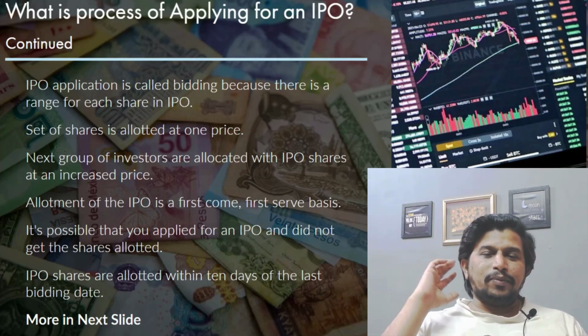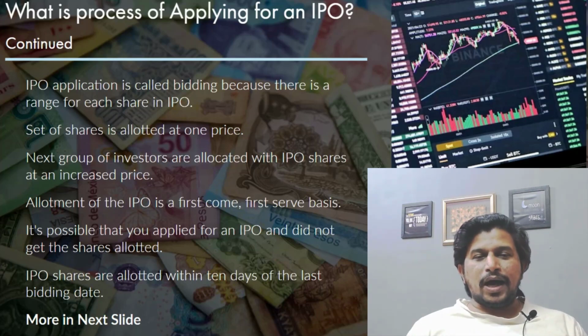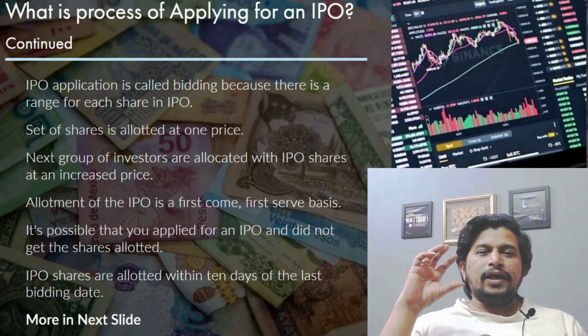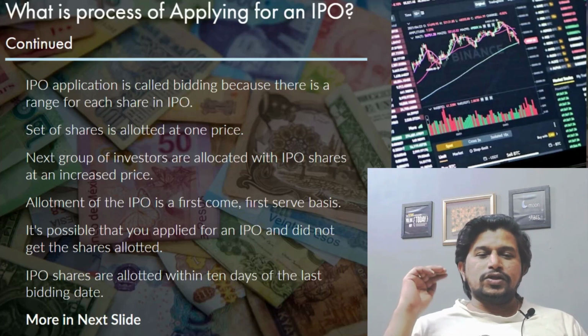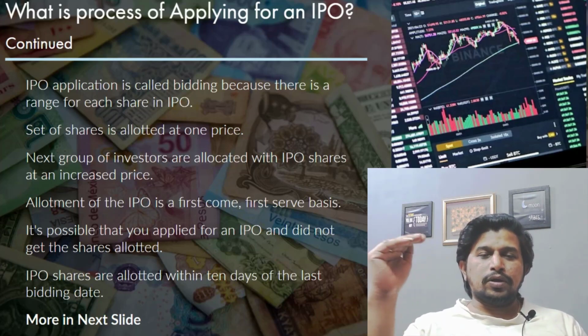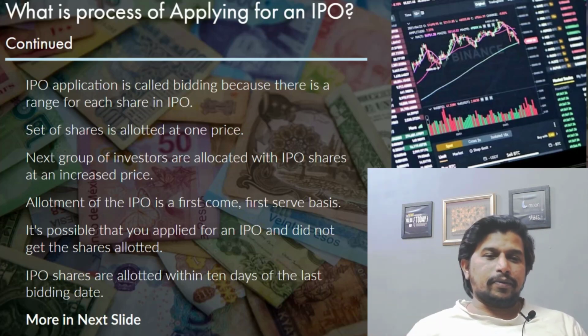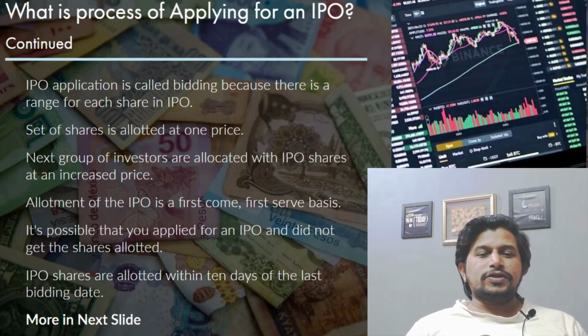So as and when people actually crowd in to the IPOs and put in the money, accordingly it will be allocated to the people, and a set of shares is allotted at one price. As I already mentioned, you have to put the price at which you want to bid. The next group of investors are allocated the IPO shares at an increased price.